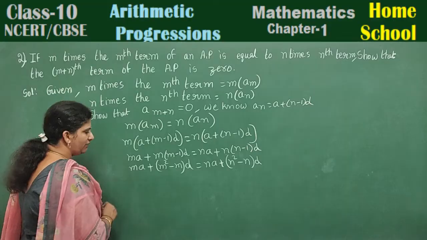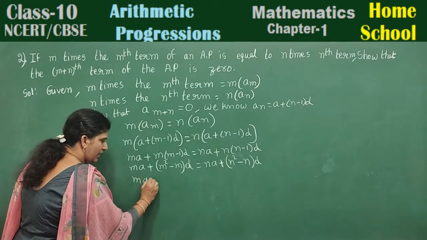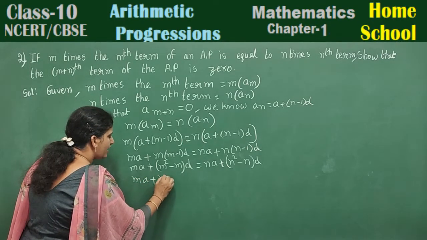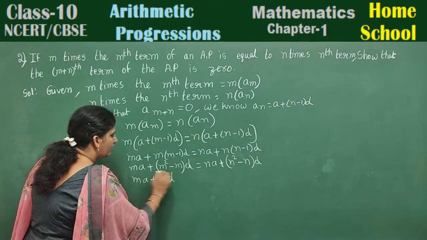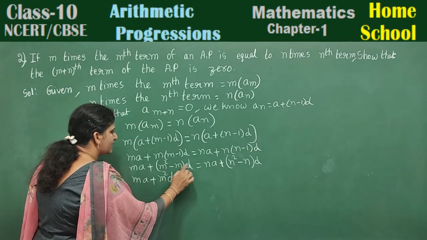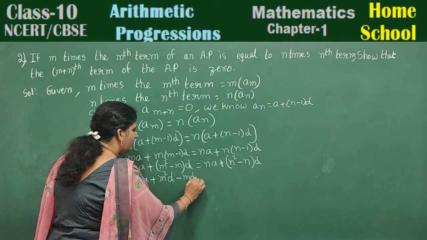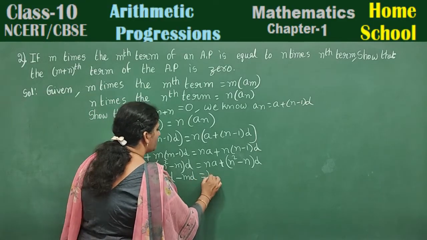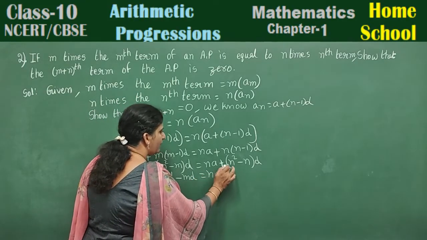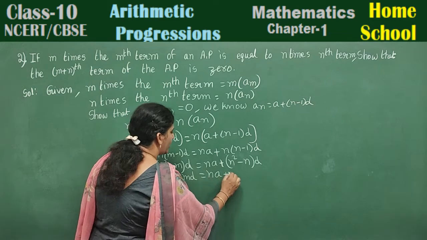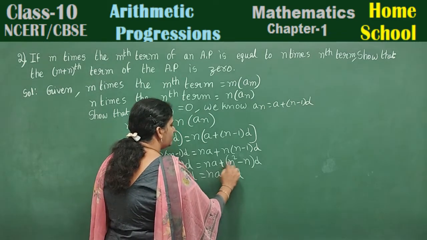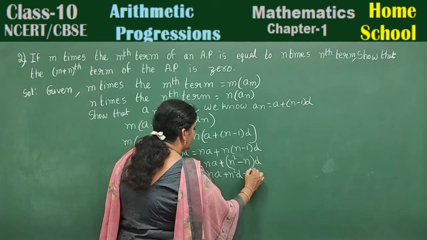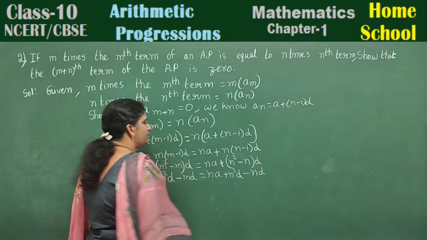Now again you multiply d. Ma plus m square d minus md is equal to na plus n square d minus nd.